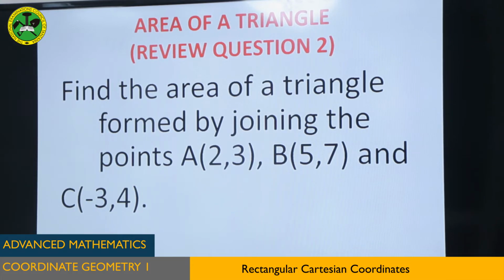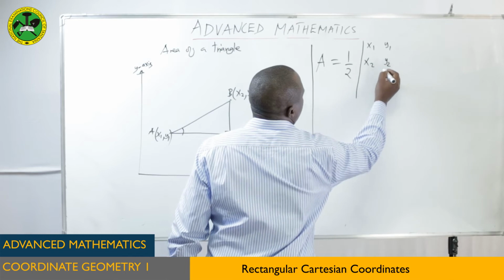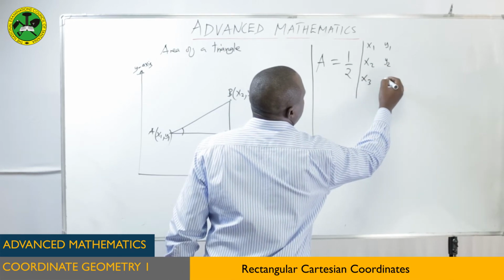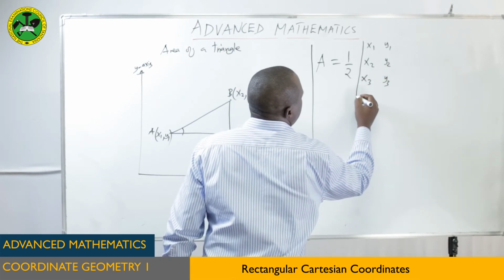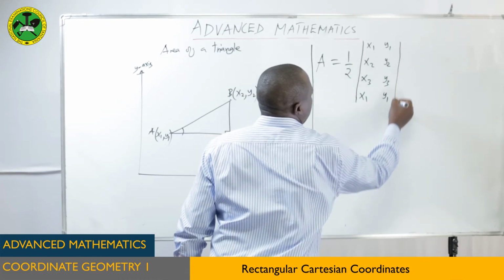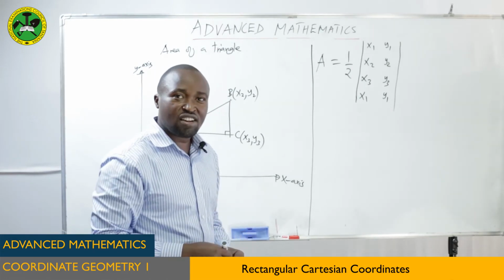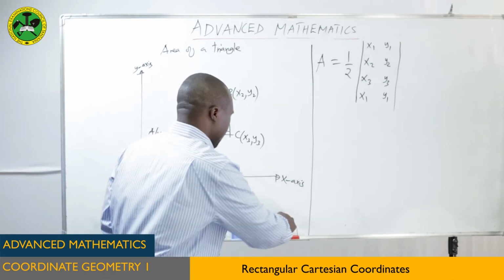So remember, we have the general formula, that is area is equal to a half determinant of x1, y1, x2, y2, x3, y3, then we repeat x1, y1. So here we are going to use the arrow and dotted arrow.